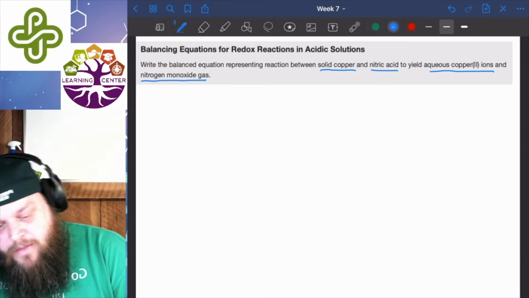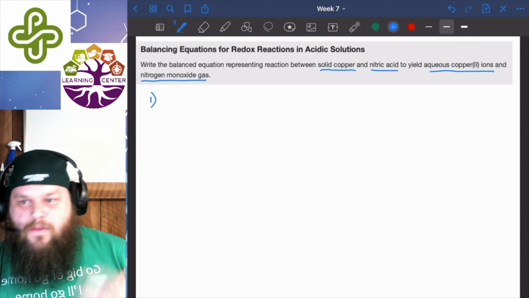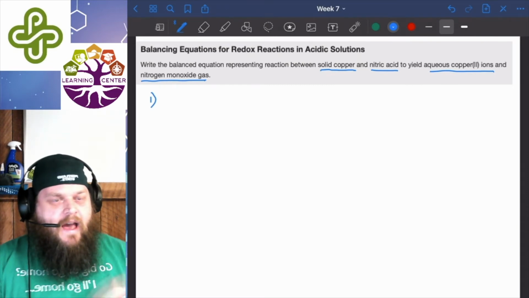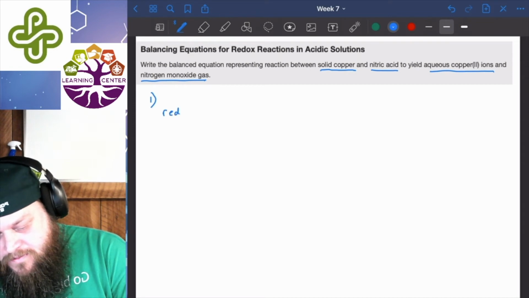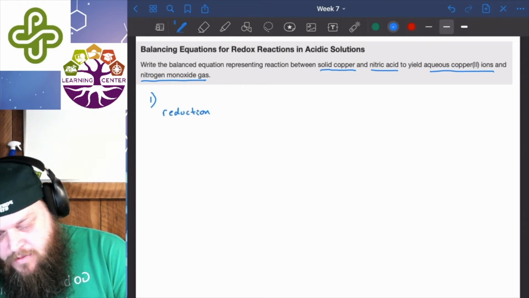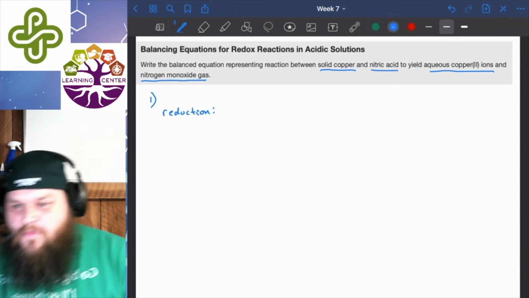So the first step was to write a skeletal equation for the reduction and oxidation half reactions. So start with the reduction. The reduction reaction, that's where it's gaining those electrons.